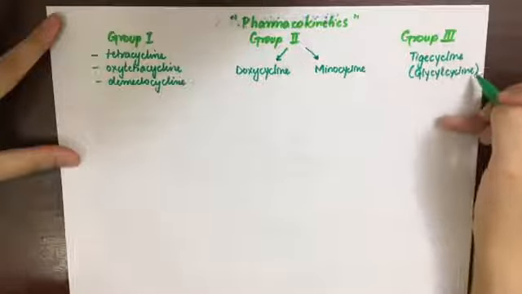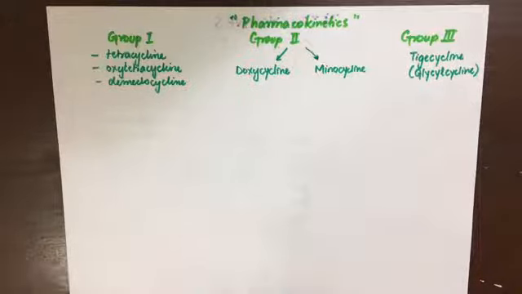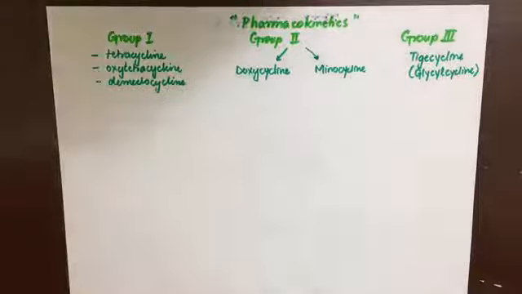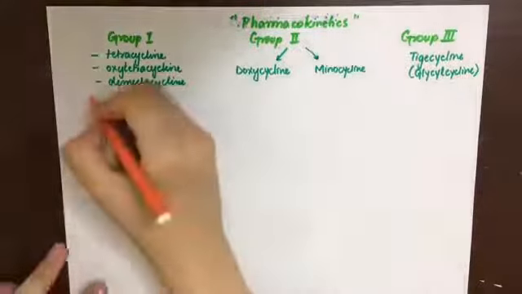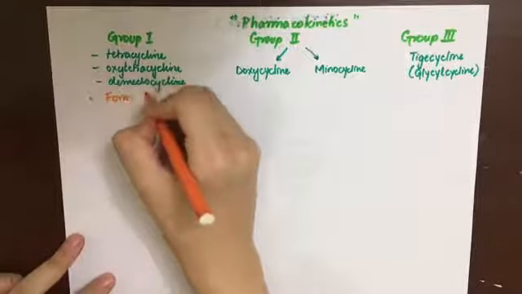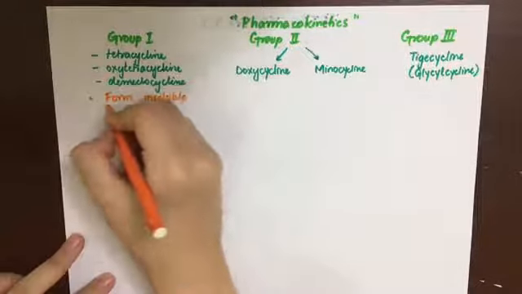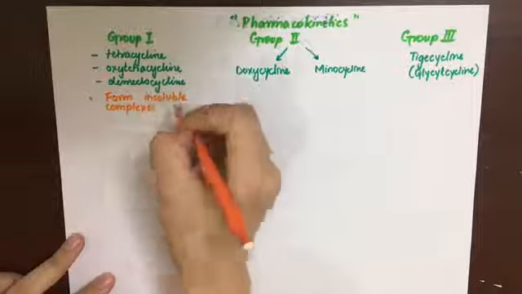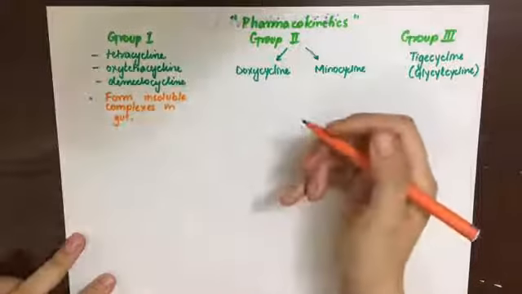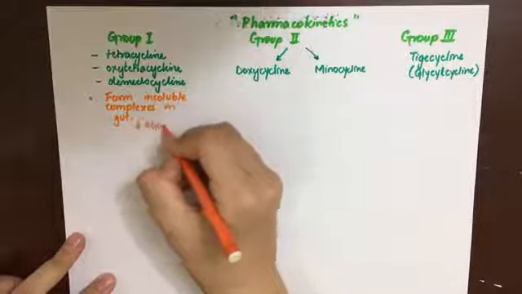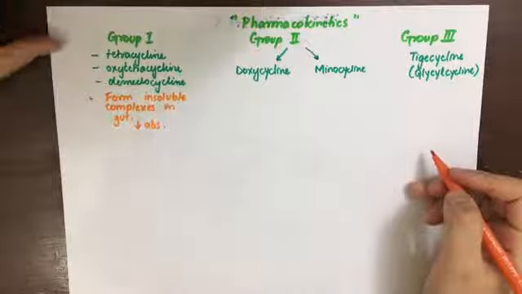For Group 1, remember that these drugs should not be given with food or dairy products or mineral or calcium or vitamin supplements, because they form insoluble complexes with these ions because they have a chelating property, and thus their own absorption is also decreased, and so is the absorption of these ions. So remember to not give them with food or any of these things.